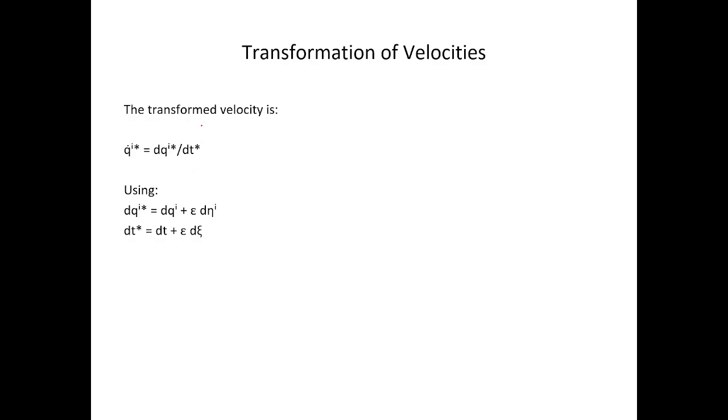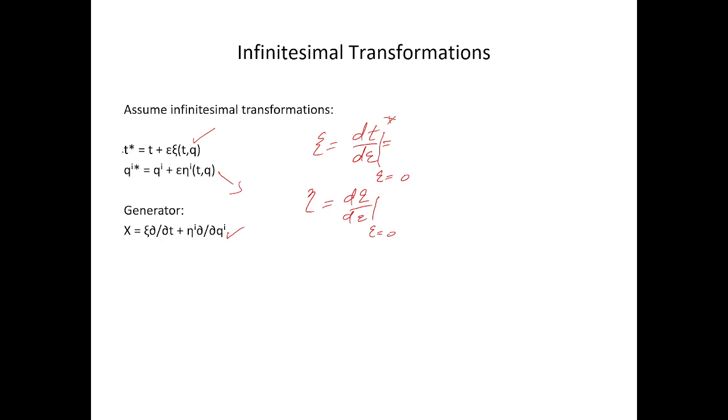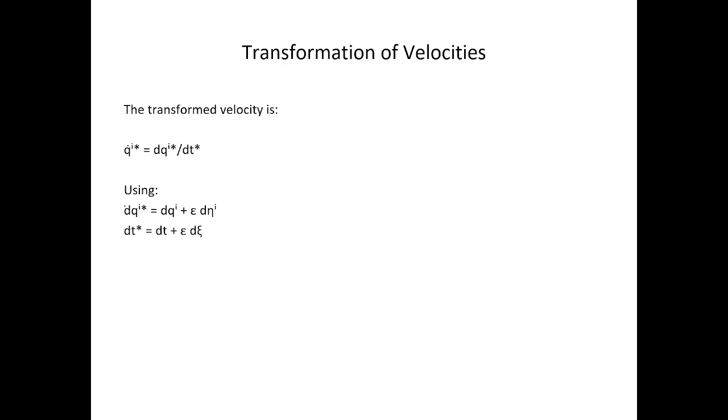Now the velocity transformation. To find it, we take the differentials: dq star is dq plus epsilon d eta, and dt star is dt plus epsilon d xi. You saw these on the previous slide. Taking the differential of each, we get these two equations.